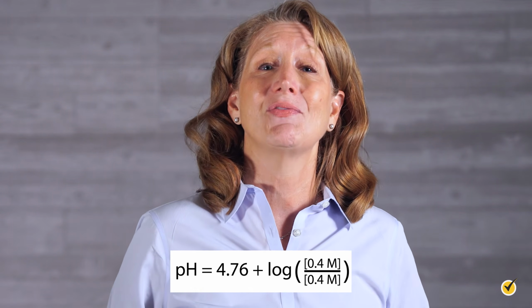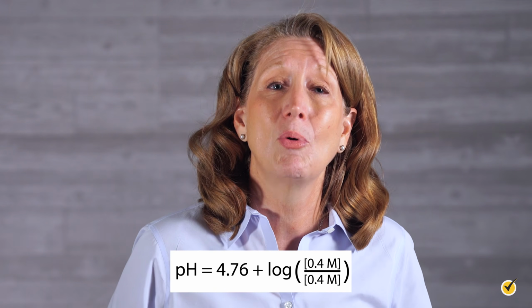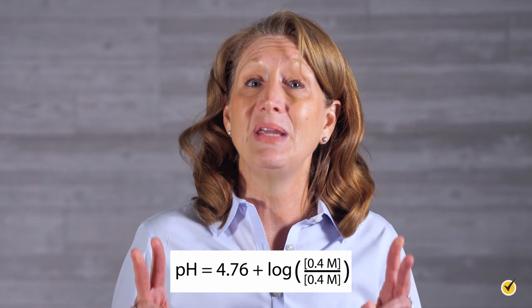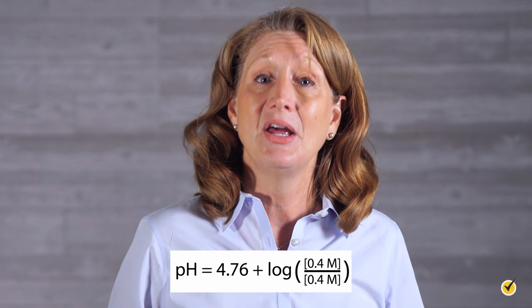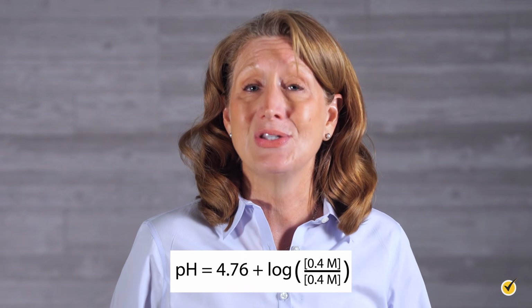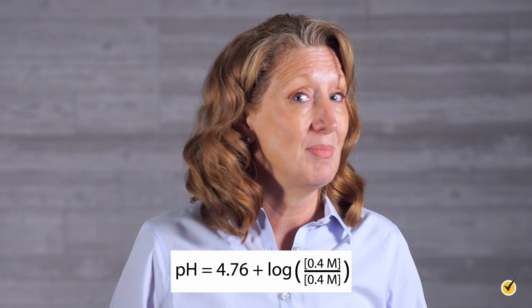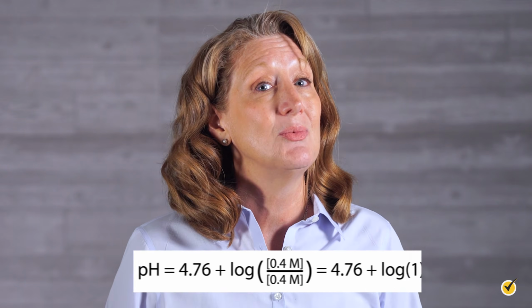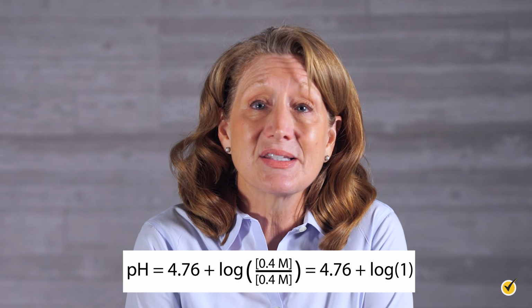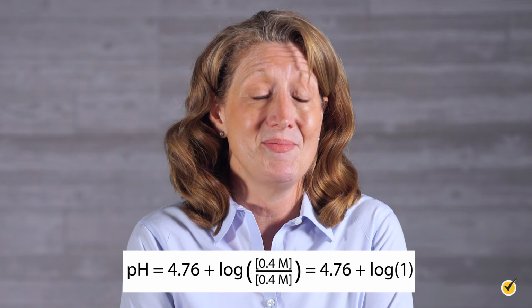So, to calculate the pH of the buffer we made, we simply need to know the pKa of acetic acid and the concentrations of HA and A minus, which we do. The pH of our buffer is equal to 4.76, the pKa of acetic acid, plus the log of 0.4 divided by 0.4, which equals 4.76 plus the log of 1.